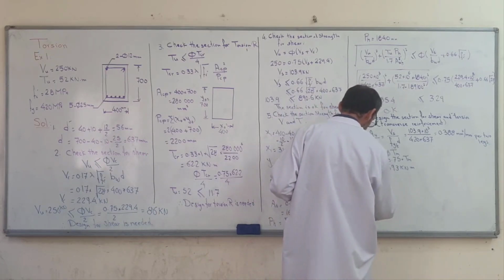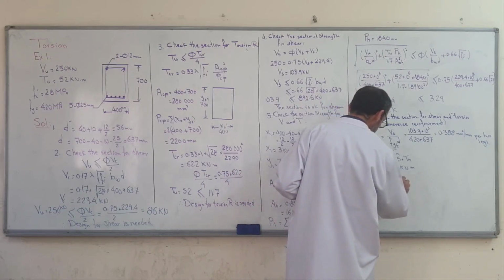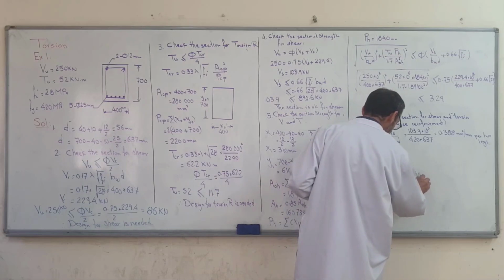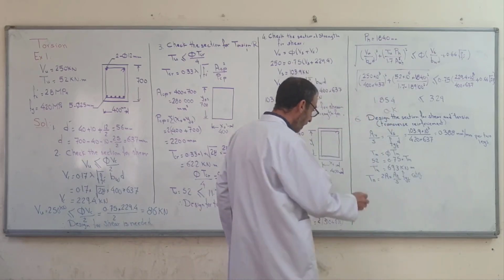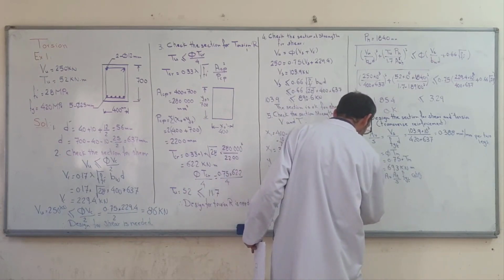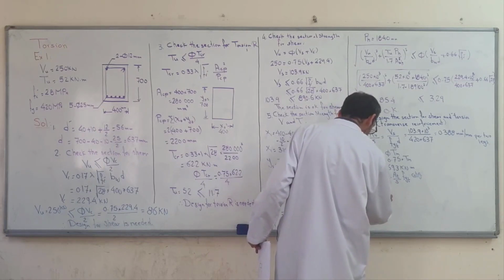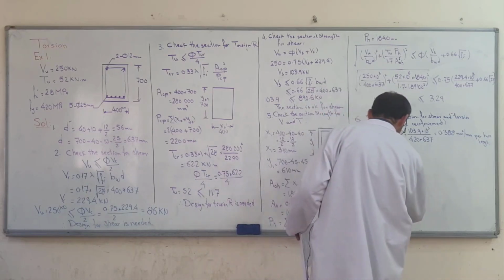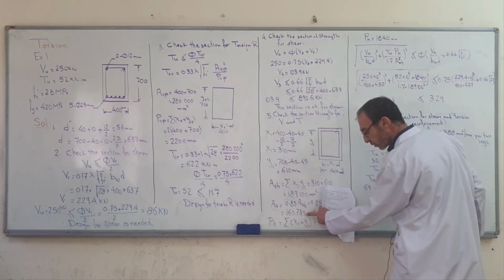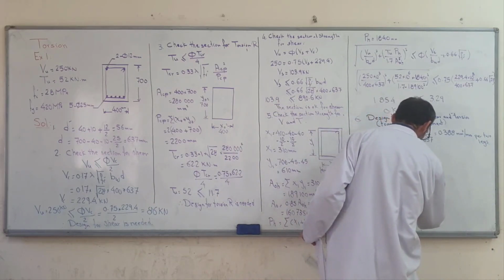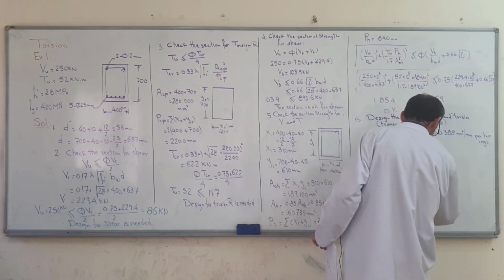Now I have this equation for transverse reinforcement: Tn is equal to 2 A naught At over s, Fy transverse, cotan theta. I put the known terms: 69.3 times 10 to the power 6, A naught is 160,735, At over s is unknown, Fyt is 420.